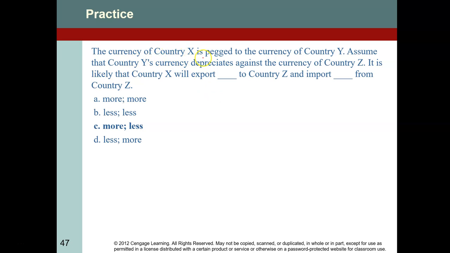When currency X is pegged to currency Y, it means that X and Y would move in the same direction.